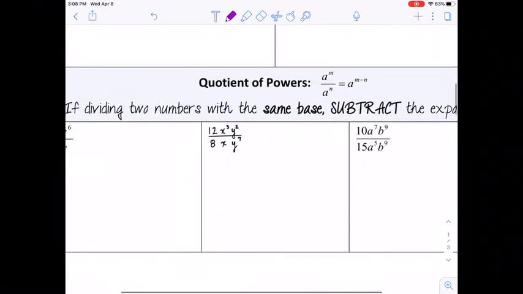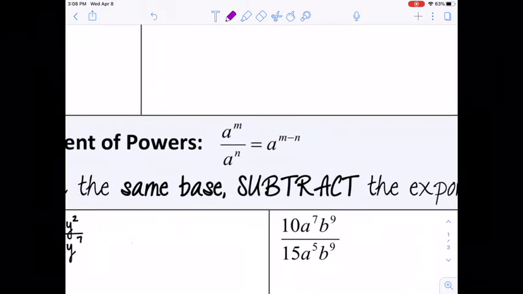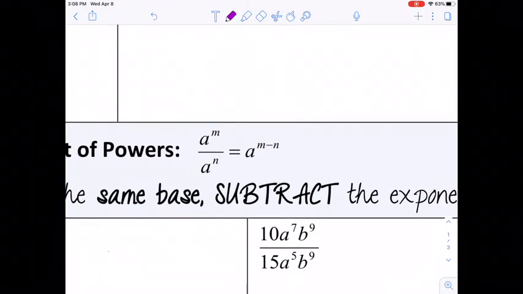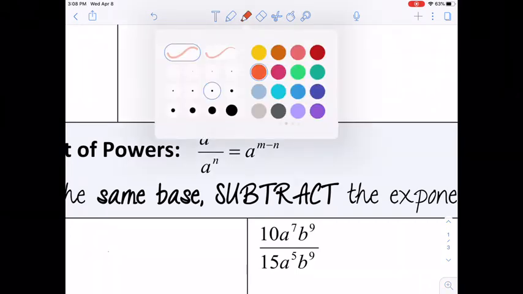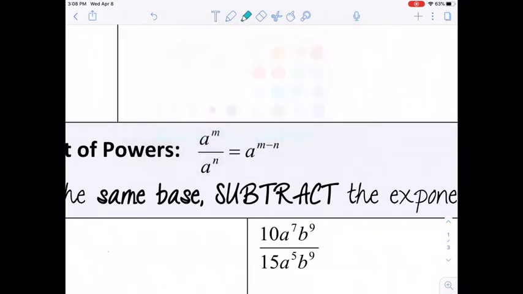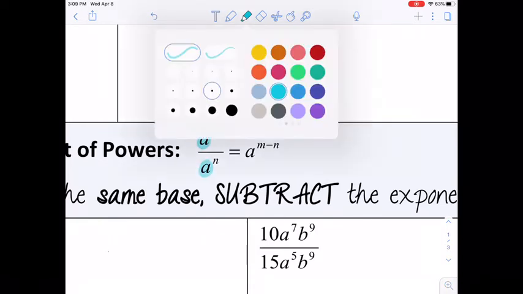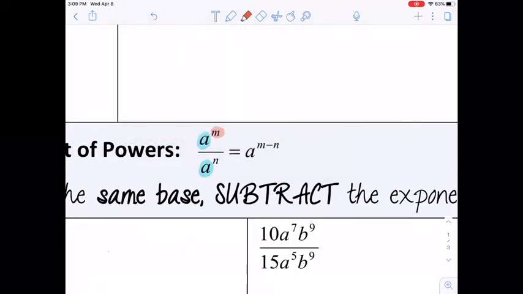The next rule we're going to look at is the quotient of powers, when we're dividing. Again, notice we have the same base. A is the base. We have exponents of m and n. The rule is there. Keep that same base A and then subtract the exponents.